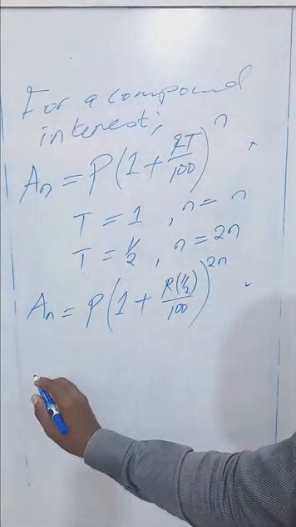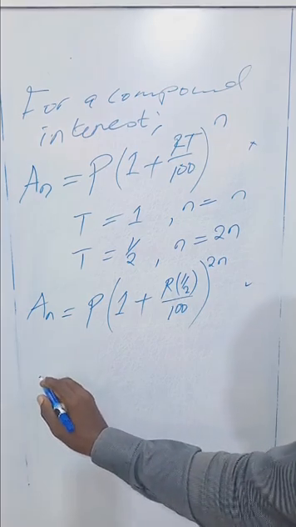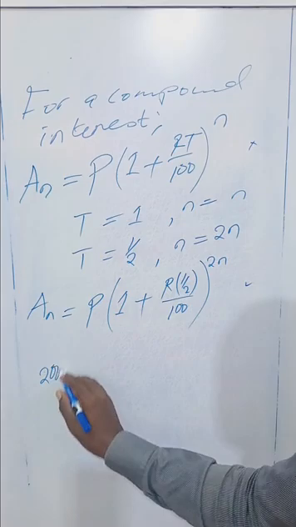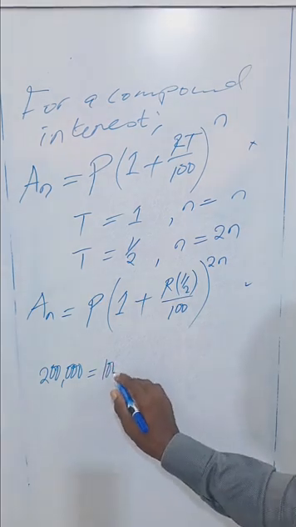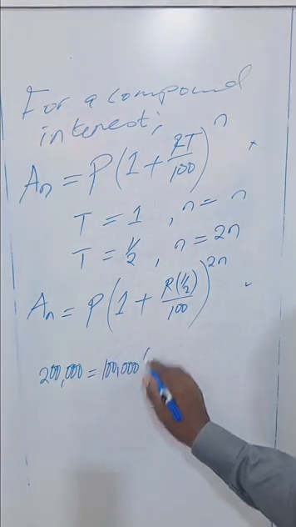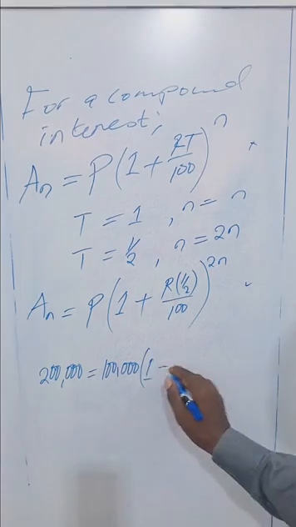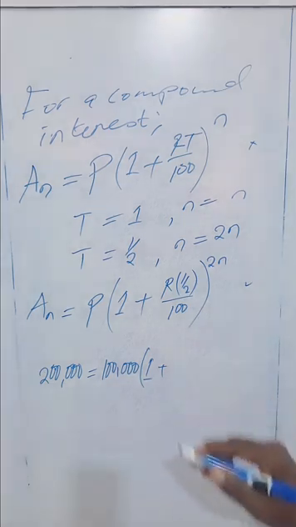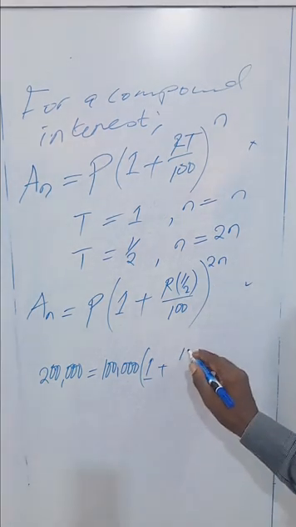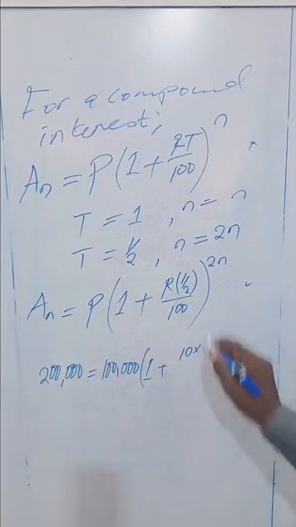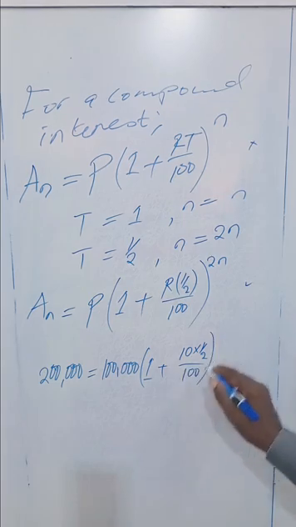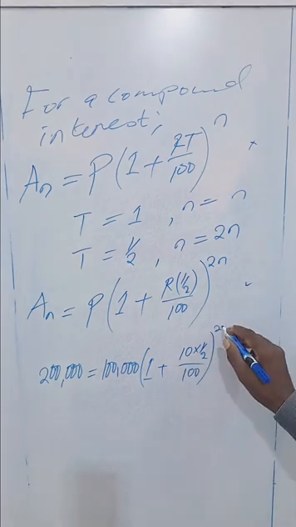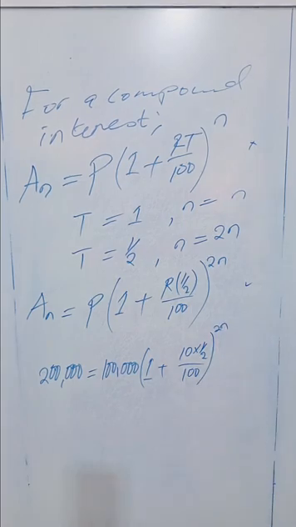So let's substitute their values. AN, this is 2 times 100K, 200K. So it will be 200,000 is equal to our principal, this is 100,000. Then we have 1 there. What is our rate? We're given the data, that is 10. What is our time now? Is a half. Divide by 100 raised to 2n. Remember, we're supposed to get the value of n, number of years.